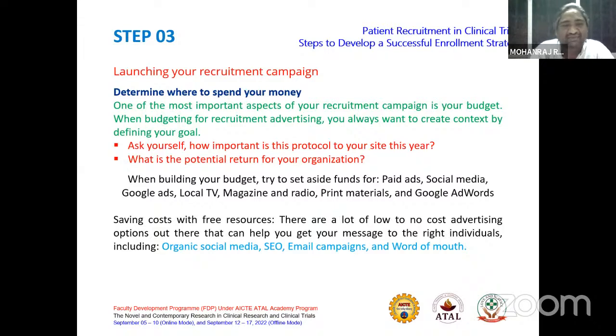These two things are free, but organic social media and SEO do have a cost. In comparison to the previous things like Google AdWords, Google ads, magazines or radio, organic social media and SEO are of very low cost.